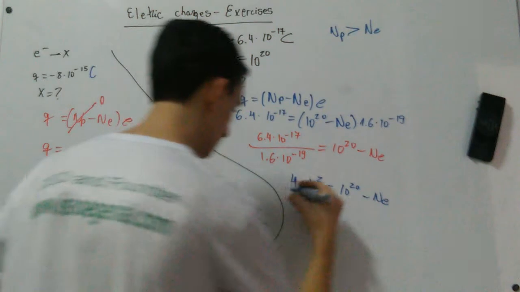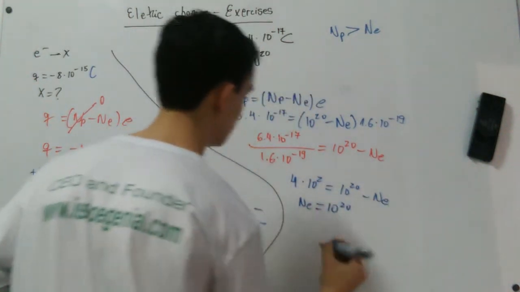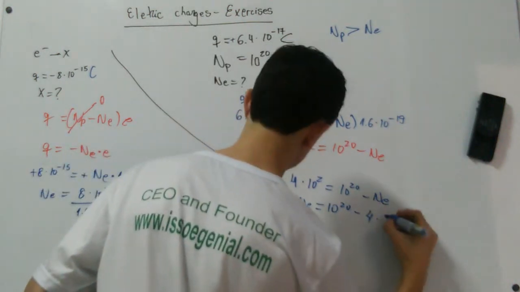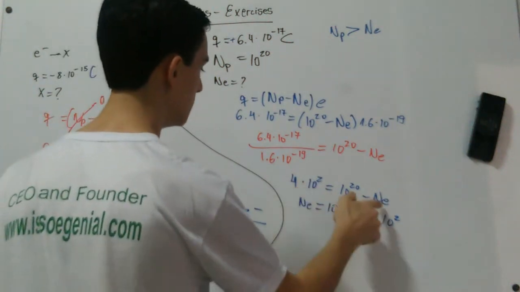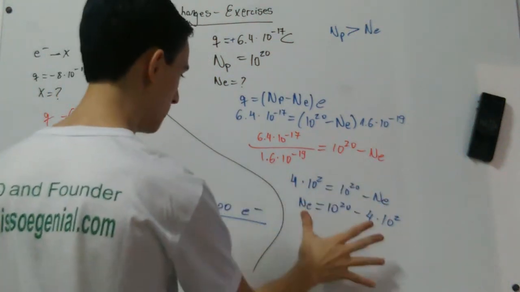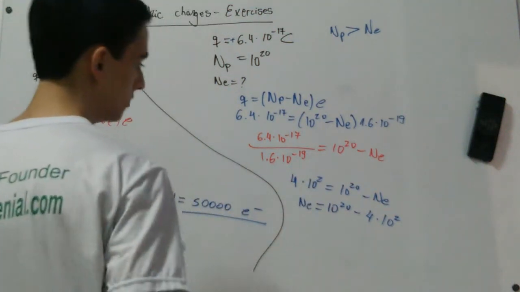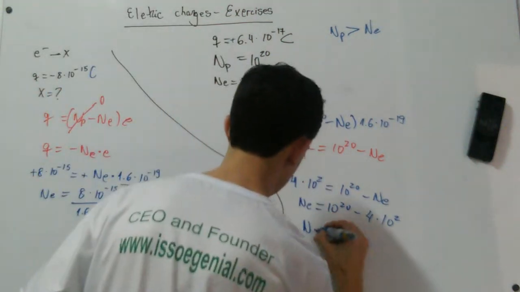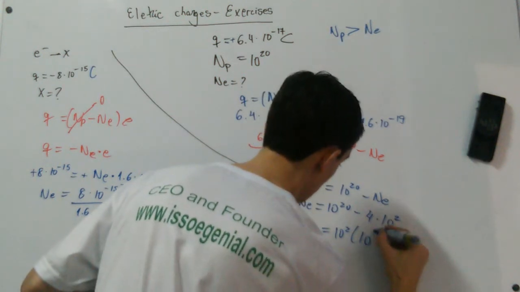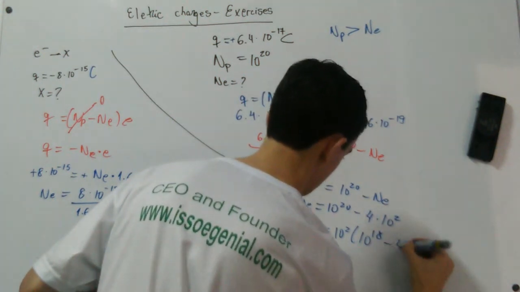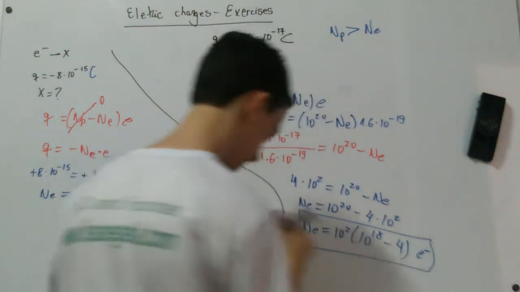So we have the number of electrons is equal to 10 to the power 20 minus 4 times 10 squared. So what you can do here, you can, for example, put it this way. The number of electrons is 10 squared multiplied by 10 to the power of 18 minus 4. And this is the number of electrons you have.